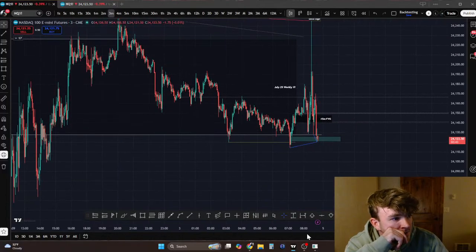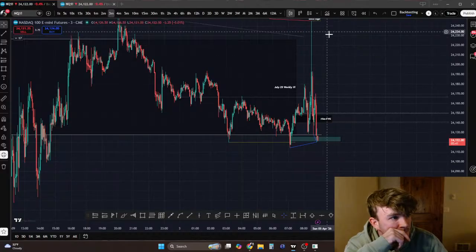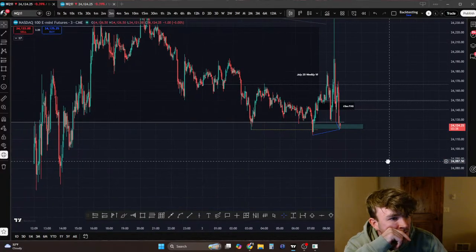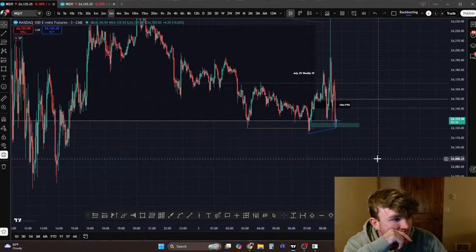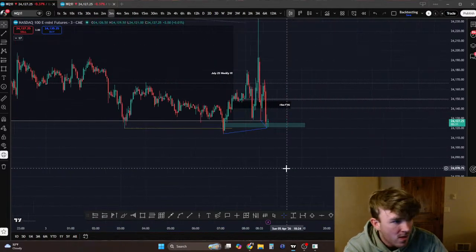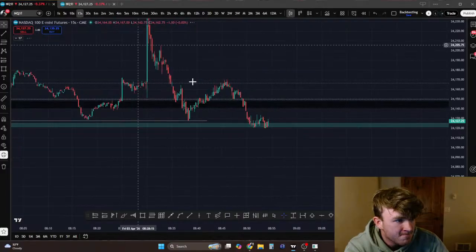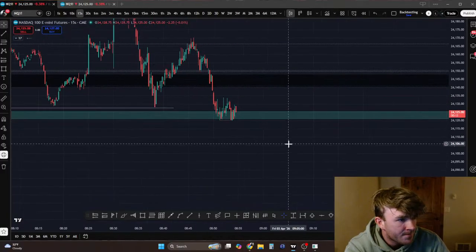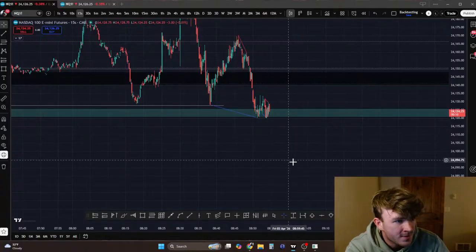Yeah, it looks like we efficiently filled it to the downside. It was high resistant. I still think it might go higher here. And let's wait for a sweep into this.